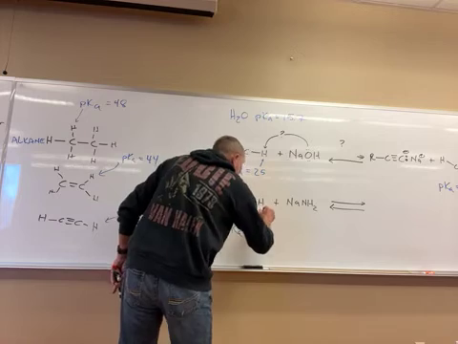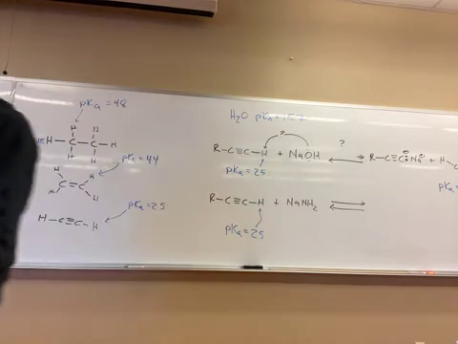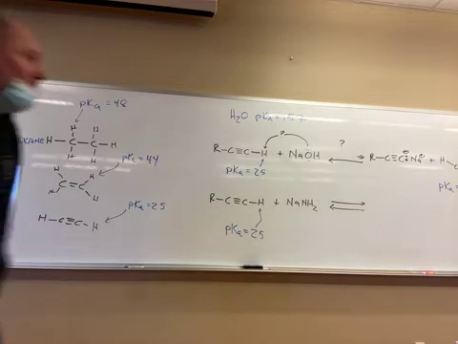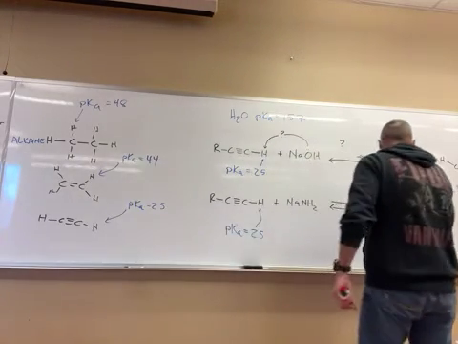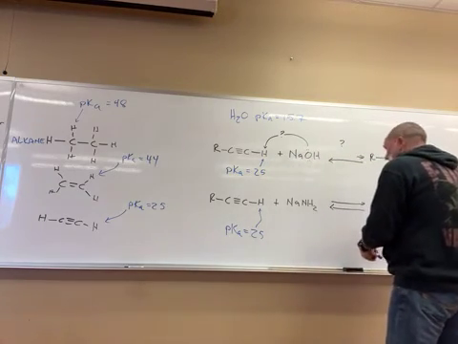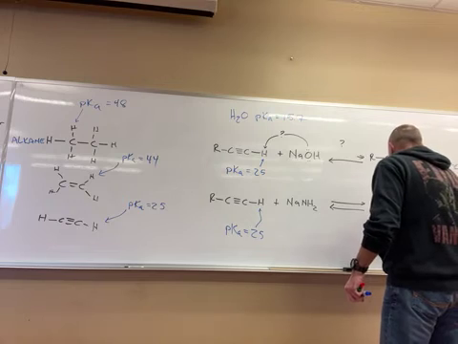How do I know that? Because I went right here and I said, what is the pKa of that alkyne hydrogen? It's 25. All right? So what would my product be if I reacted this with sodium amide?